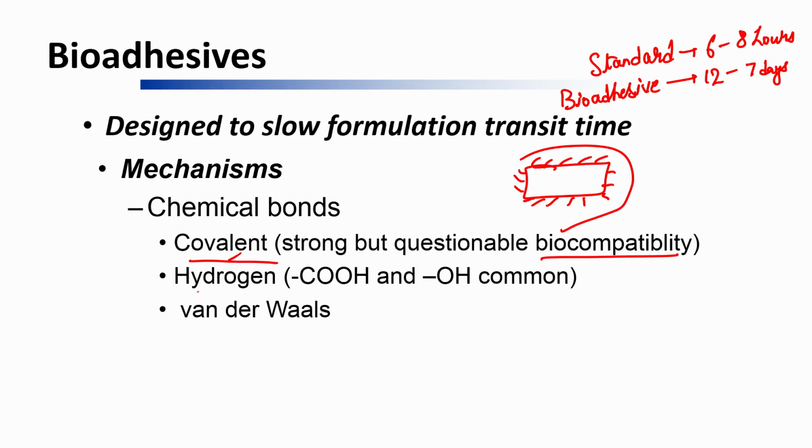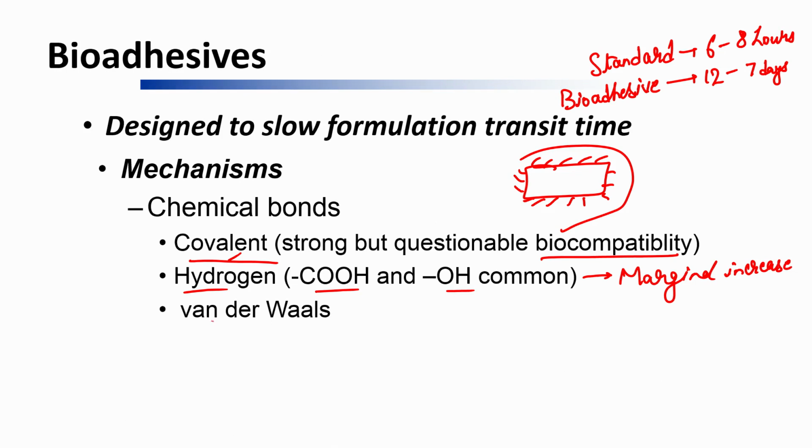Then there is another way: you can form hydrogen bonds. Again, things like carboxyl and hydroxyls are common. The problem with hydrogen bonding is that it does not really increase the residence time quite a bit, it is a very marginal increase, because these are weak bonds, and with the flow, with time, these will break and the cargo will keep on moving further down and down.